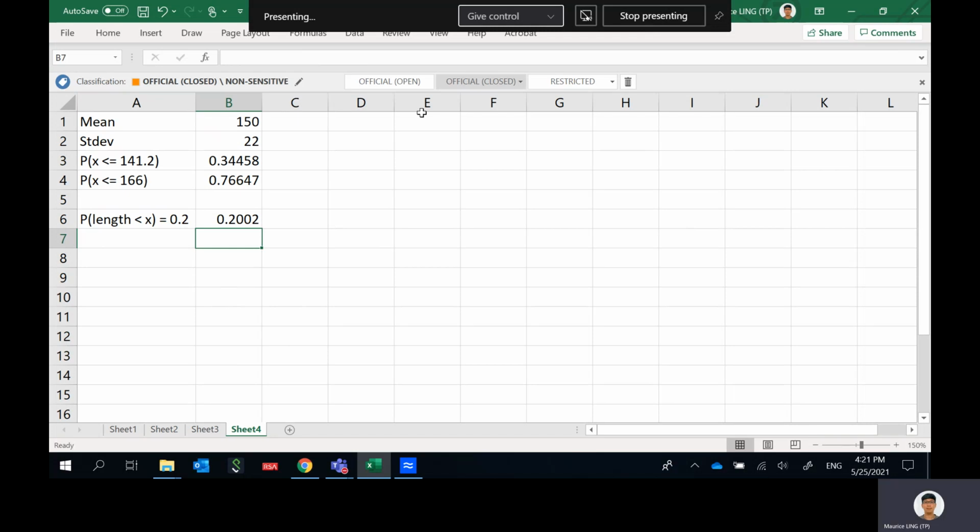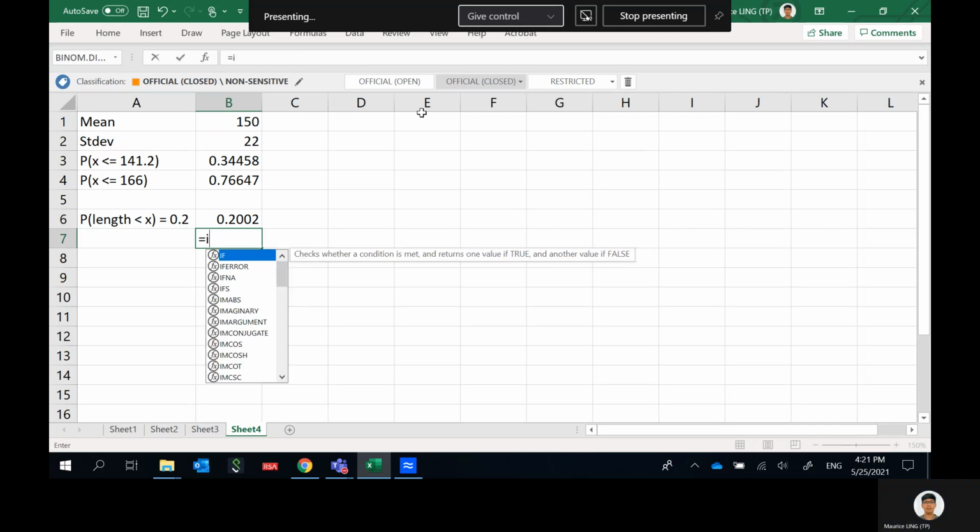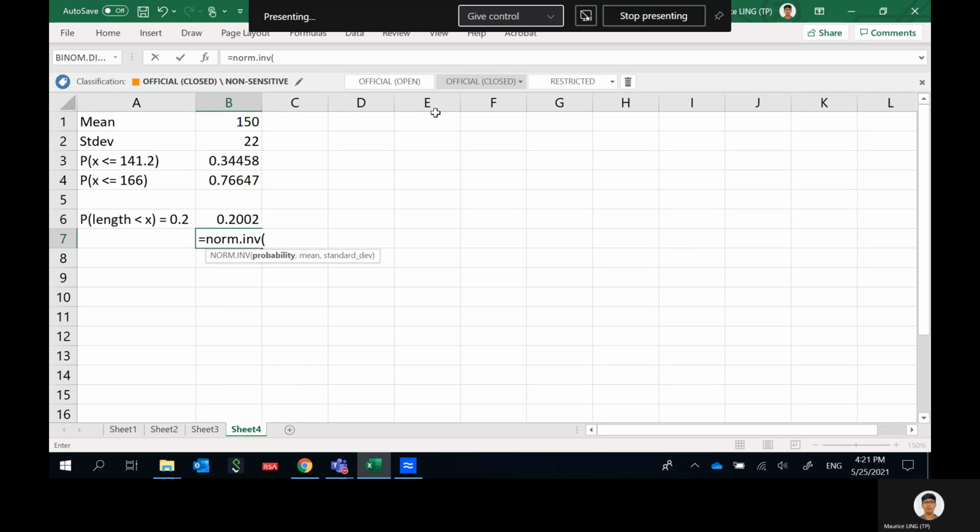There's also a function that gives you the probability. What is the x-axis? So that is called the normal distribution inverse function, INV. Just now we had that already. So it calculates the probability you need to give it. So the probability you have is 0.2, the probability that we want.